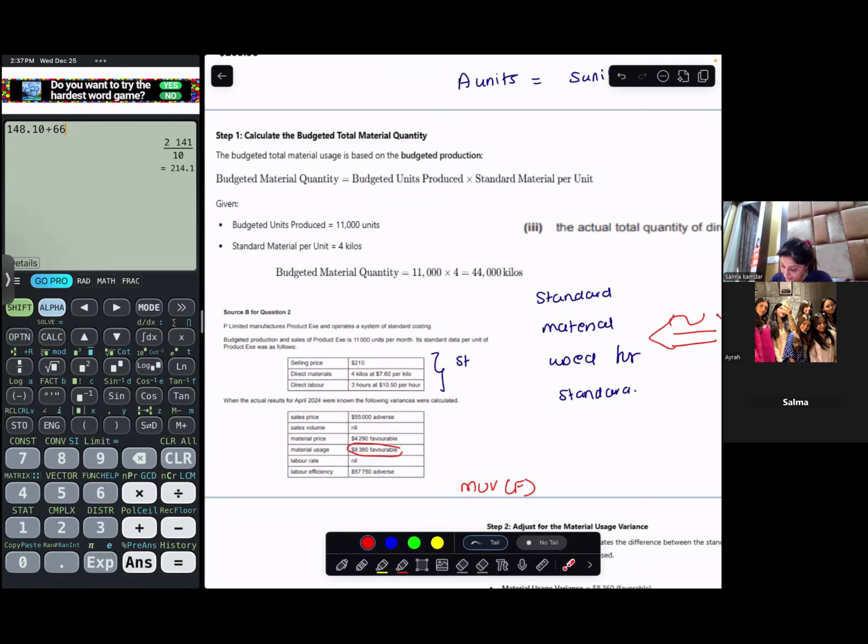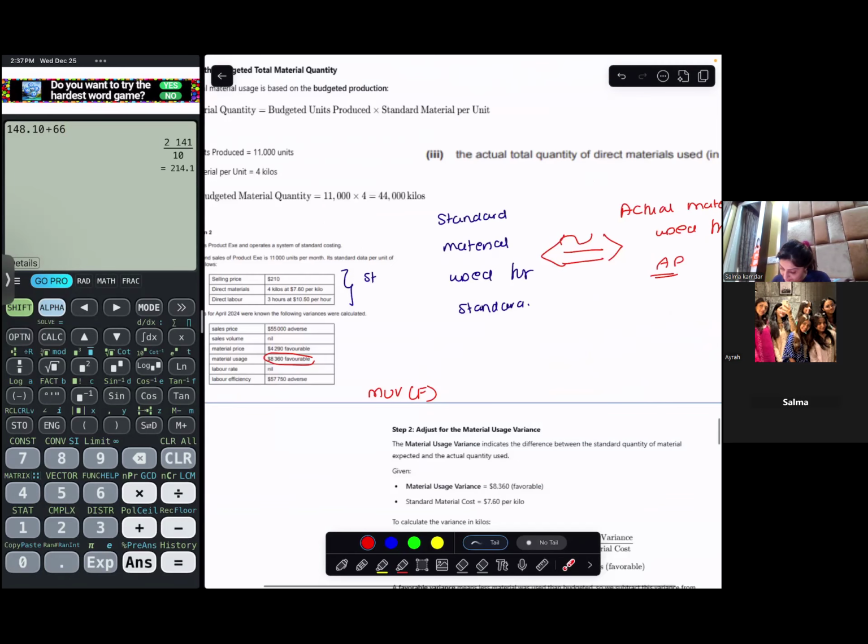You estimated that you will use 44,000 kilos, but you used something less. That is why you have a material usage variance which is favorable, of 8360. How much have you used? 35,640. Sorry, this is dollar 8360.